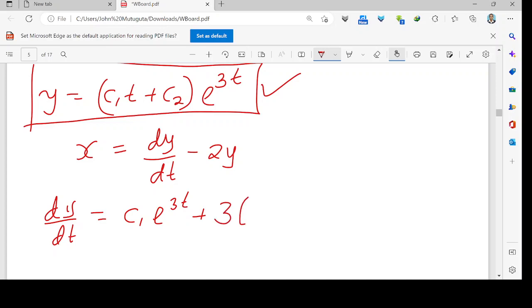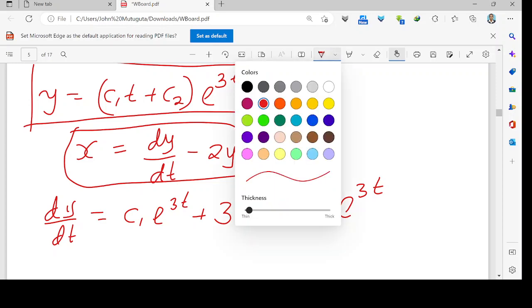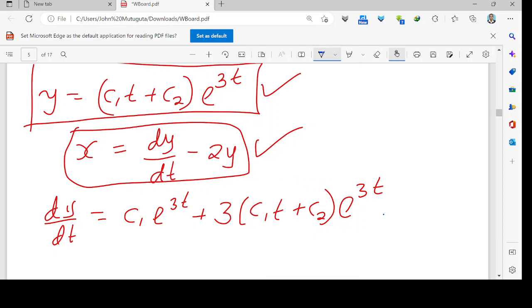So we get 3 times (c1 t plus c2) e raised to power 3t. And now we can substitute here. We can substitute this function y and dy/dt here. This is dy/dt, then y here.